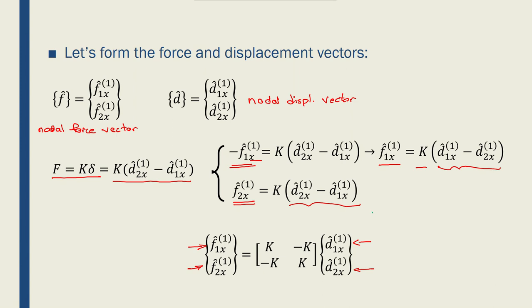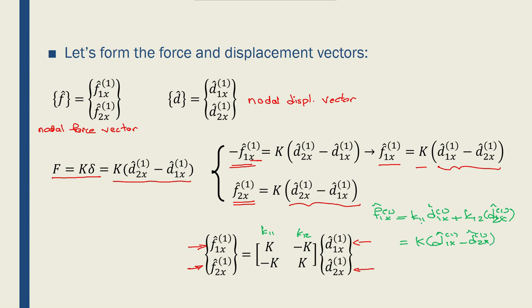What I want to have from this spring or from this matrix is that F1x1 should be, if I say this is k11 and this is k12, k11 times D1x1 plus k12 times D2x1, I'll write it that way, should be equal to k times D1x1 minus D2x1.